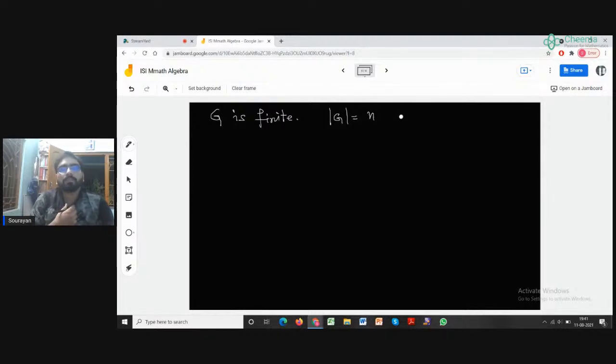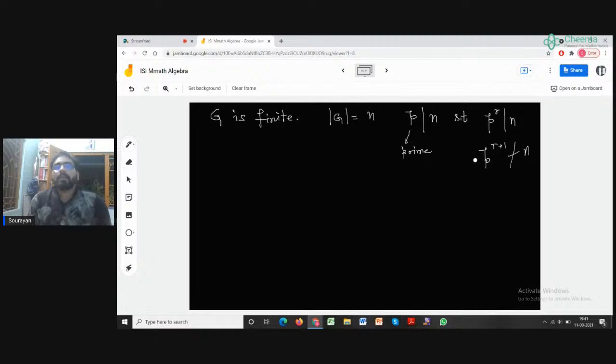From Sylow's theorem, we know that if p is a prime that divides n, such that p to the power r divides n and p to the power r plus 1 does not divide n, then for each of those p to the power i, from 1 to r, you are bound to have a subgroup of G of that order.